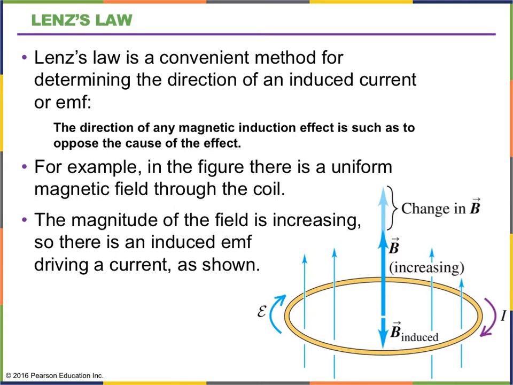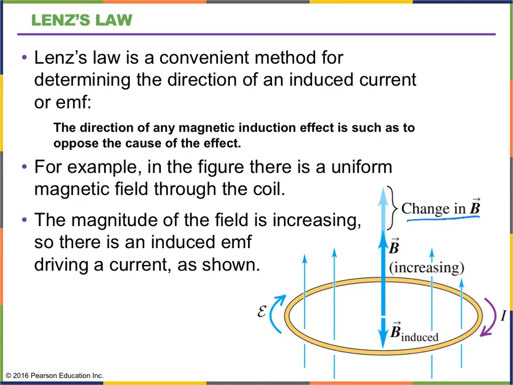So, for instance, in this case here, we have a loop of wire, and there is a magnetic field that is passing through the area. That's what the blue arrows are representing. But we're also told that that magnetic field is increasing in strength, and that's why they're talking about the change in magnetic field here. Okay, so now we know that there's a change in magnetic flux. In this case, it's because the magnetic field is getting stronger.